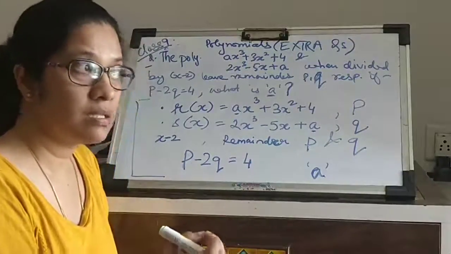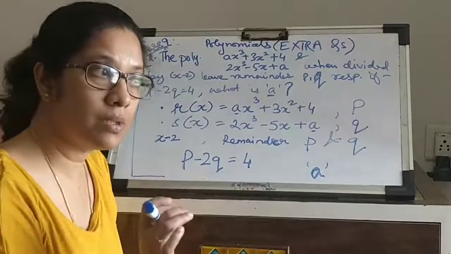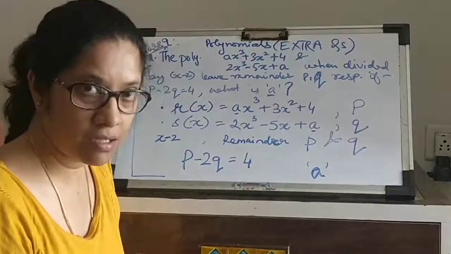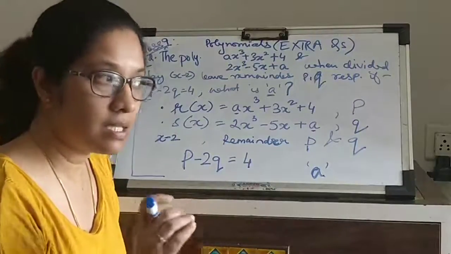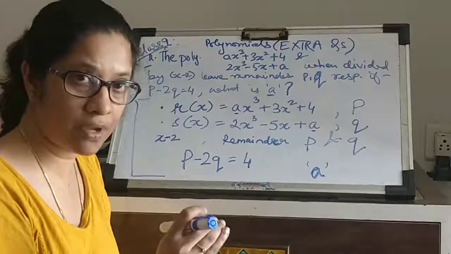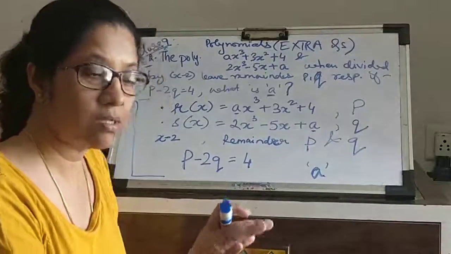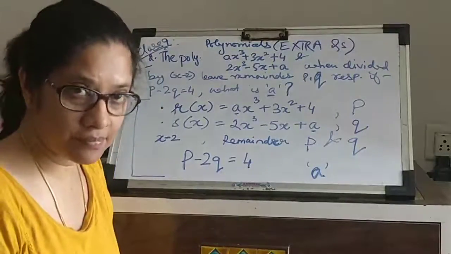That means if you divide a given polynomial by x minus a, all you need to do to find the remainder is substitute the value of x in the polynomial by a. Okay?